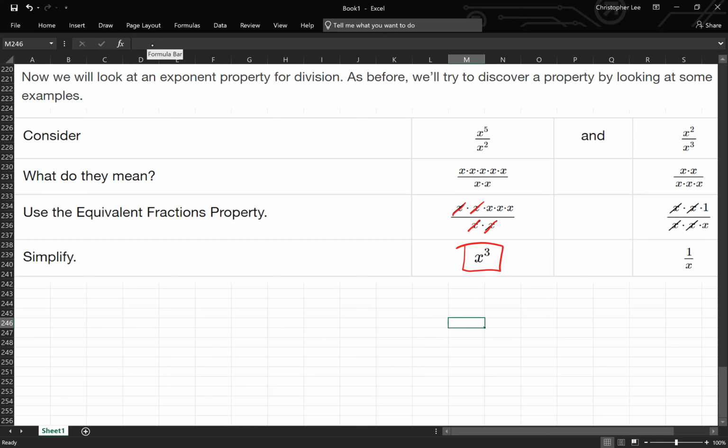But what are you subtracting? The exponent, but I'm looking for something a little bit more specific. Which numbers did you subtract? Not the base, but the exponents.